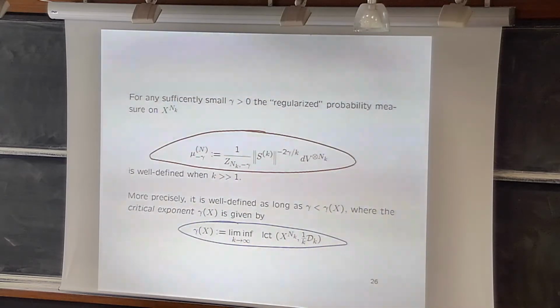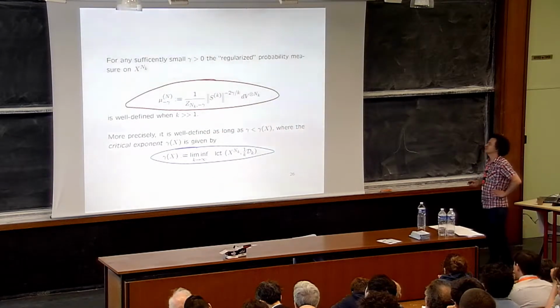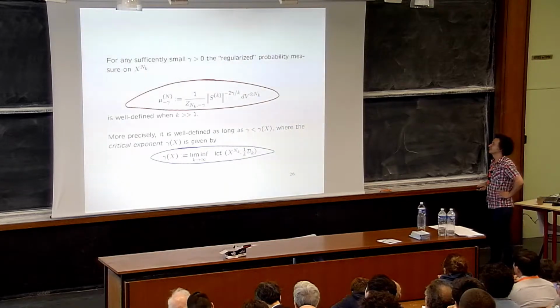And you can see what the critical exponent here is. By definition, it's the lim-inf of these log canonical thresholds. It could be that it's smaller than 1, like 1/2, and then you work with gamma up to 1/2. Then you have an honest probability measure.